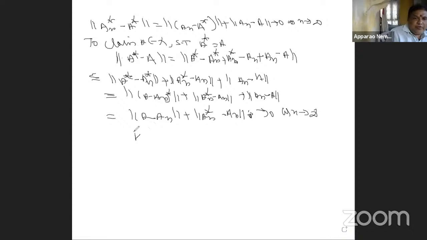That means A_n star equals A_n. Thus A star equals A, which shows X is a closed linear subspace.